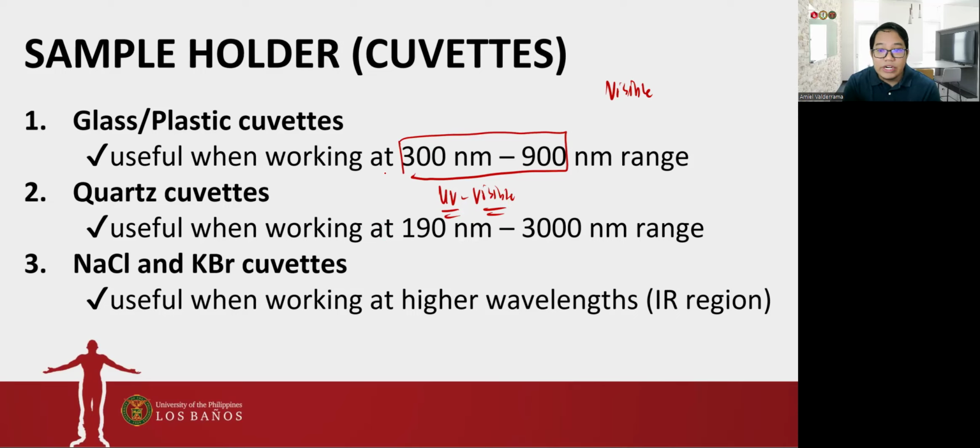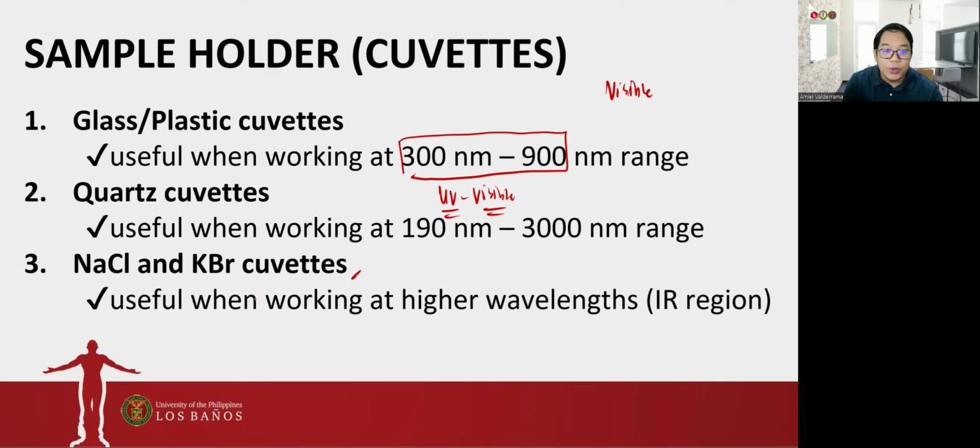Pero kapag visible region, pwede gumamit ng quartz or pwede gumamit ng glass or plastic cuvette. Pero kapag UV lang, hindi mo pwedeng gamitin yung glass cuvette. Okay? So if you're going to use a wavelength higher than the visible region or around IR region na yan, gumagamit na tayo ng KBr tsaka NaCl cuvette.